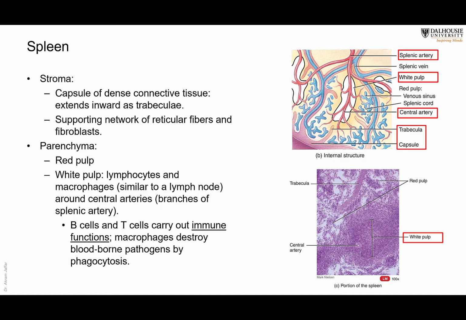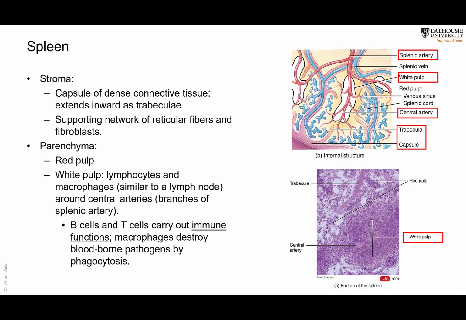While doing so, the defective red blood cells are attacked by the macrophages and removed from the blood. That's why we mentioned earlier that the red blood cell has a lifespan of 120 days.